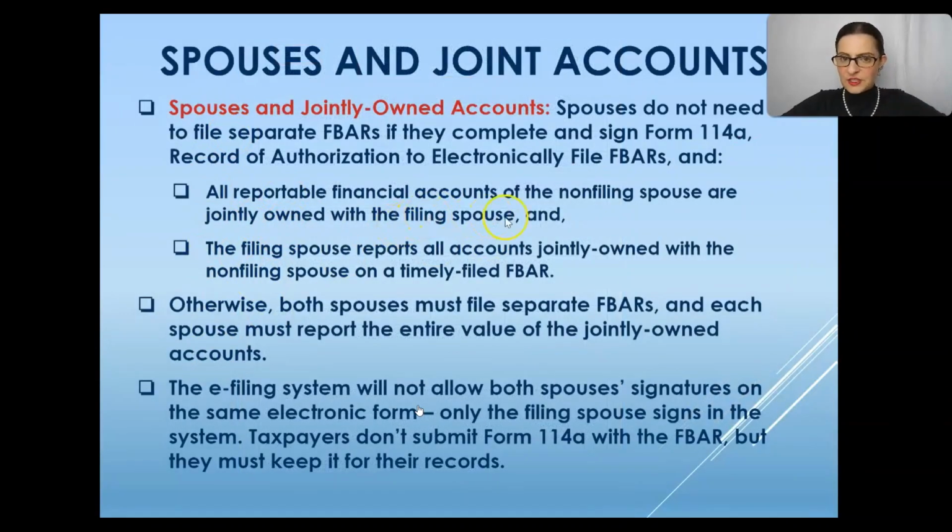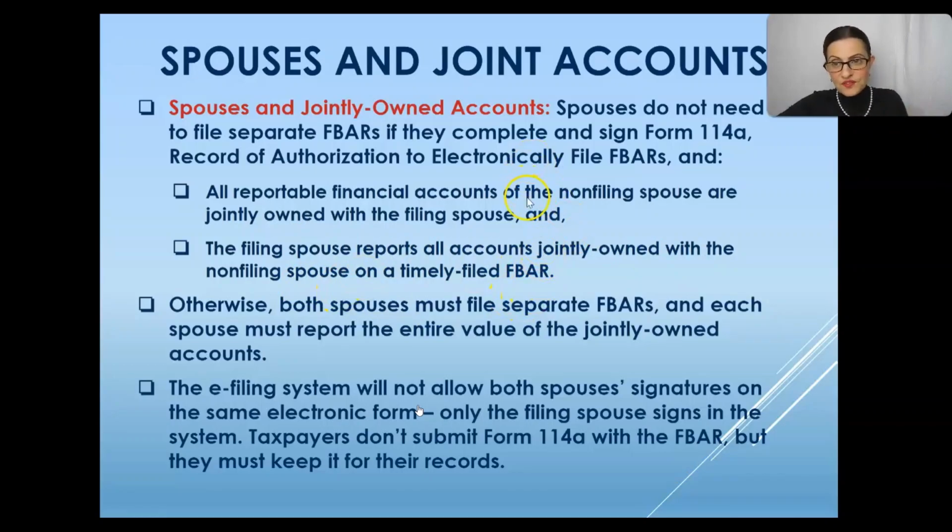All reportable financial accounts of the non-filing spouse are jointly owned with the filing spouse, which means if the couple is married and they only want to file one FBAR instead of two, all of the accounts they're reporting on the FBAR have to be jointly held. And the filing spouse has to report all accounts jointly owned with the non-filing spouse on a timely filed FBAR.